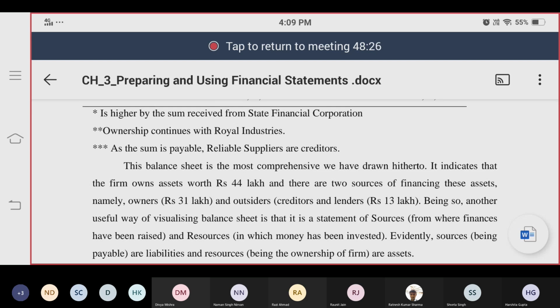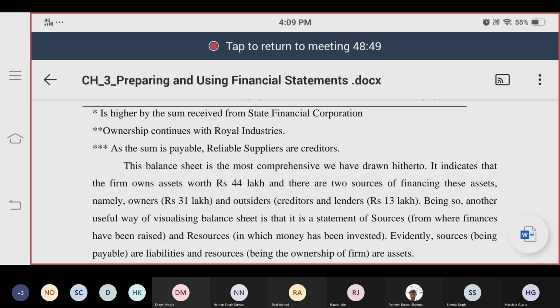The bank or the loan provider has no role to play in the management of the business. We have discussed all about shareholders and directors and all that, so you know. And in the three asterisks, the sum is payable to reliable suppliers, who are creditors. Okay. So this balance sheet is the most comprehensive we have drawn hitherto.